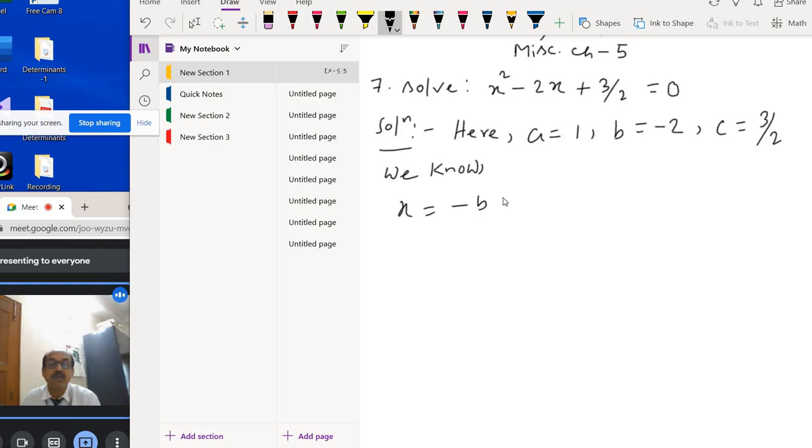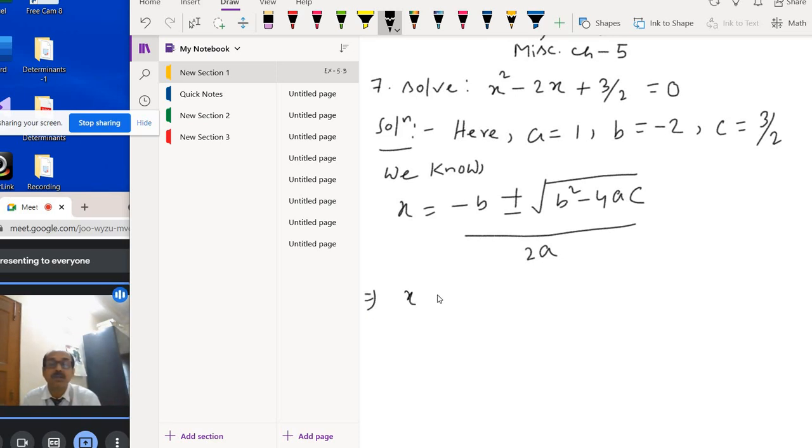minus b plus minus under root b square minus 4ac by 2a. Okay. Put all the values of a, b, c.